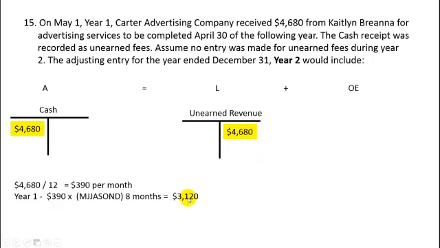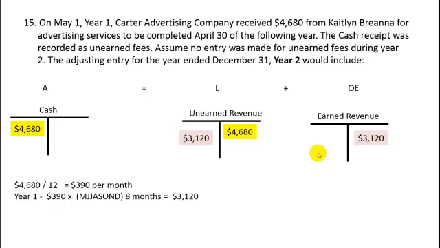That's how much we've earned for the first year. So let's make that adjusting entry. We're going to debit unearned revenue, which is a liability, and we're going to credit earned revenue for 3120. And we're making this entry as of the end of year 1.